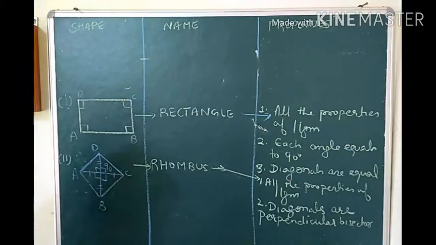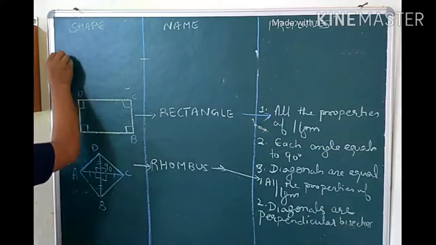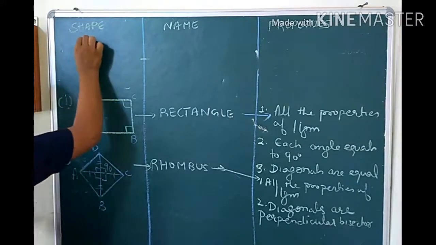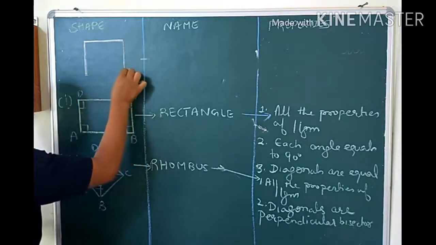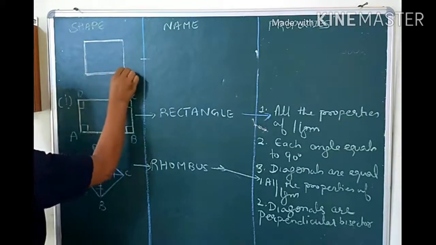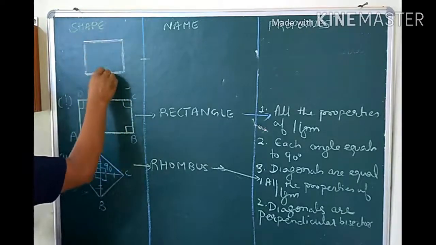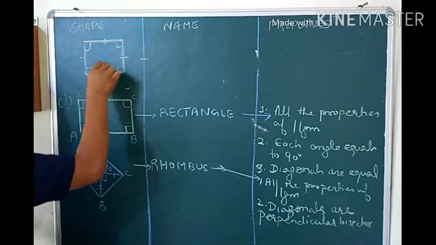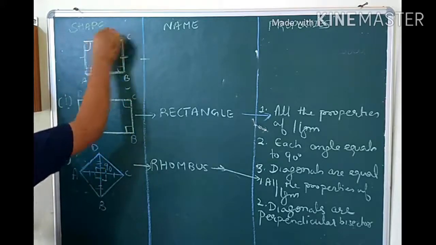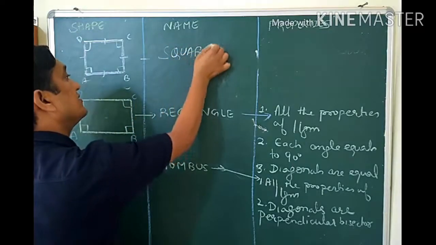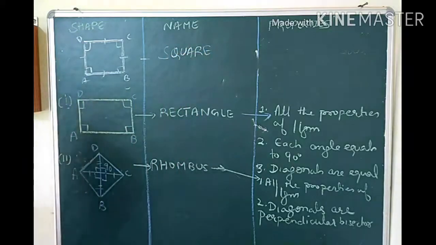Next is the square, children. We know that a square is what?